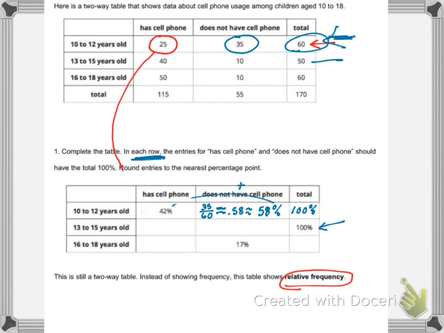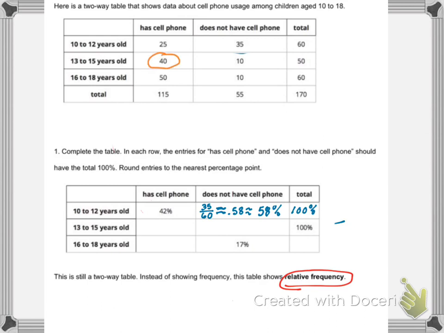I'm going to get the extra lines out of the way here, and let's take a look at the next set of data to finish off that next row. So we can take the 40 13 to 15-year-olds out of 50 total 13 to 15-year-olds, and we want to find that percent, or the relative frequency.